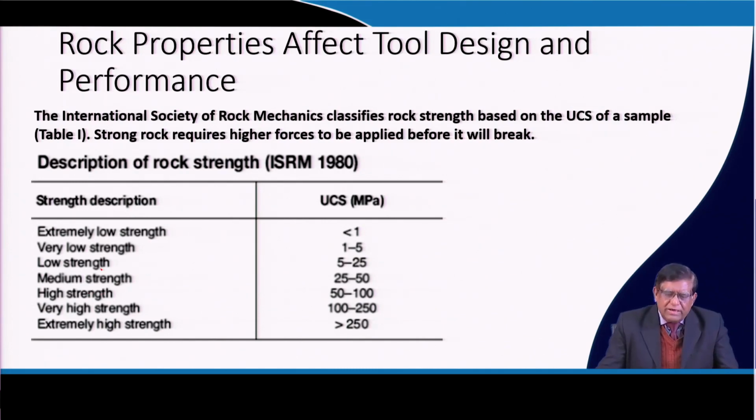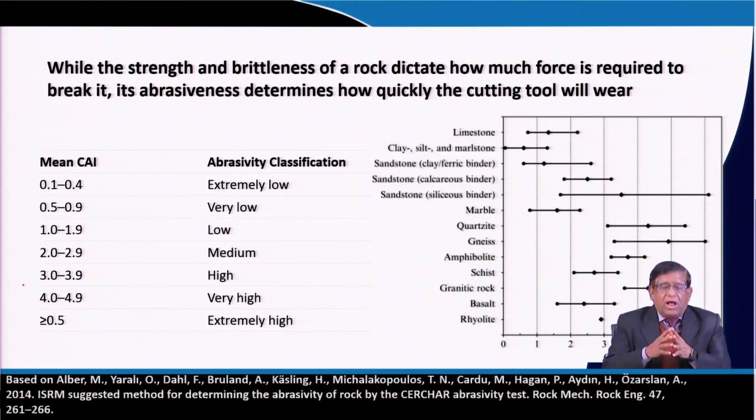It is not only the strength, but also how it will be wearing out. This is another very important thing: if your cutting tool is worn out, then it will become blunt. At that time it will not be able to cut.